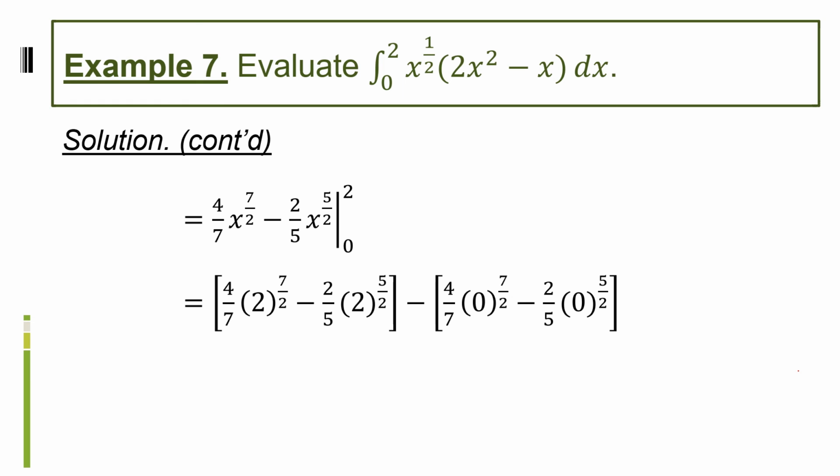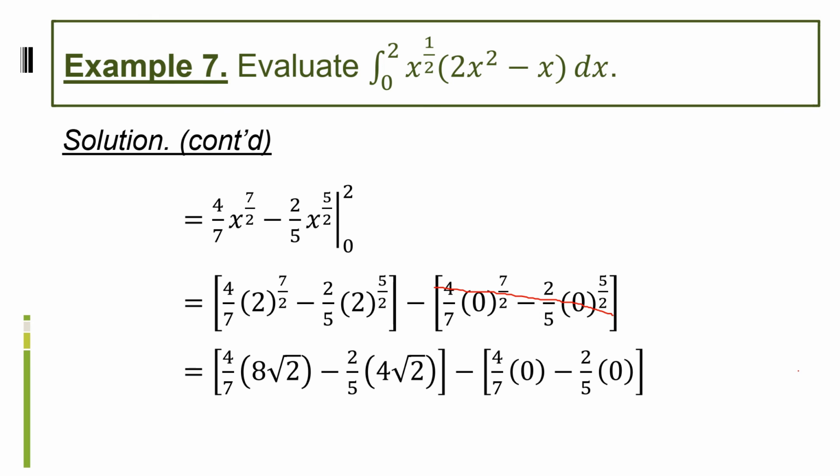So we now have, let's evaluate this at 2: 4 over 7 times 2 raised to 7 over 2 minus 2 over 5 times 2 raised to 5 over 2, minus 4 over 7 times 0 raised to 7 over 2 minus 2 over 5 times 0 raised to 5 over 2. All of these at 0 become 0. So we now have 4 over 7 times 8 square root of 2 minus 2 over 5 times 4 square root of 2, minus, of course, the 0 terms.